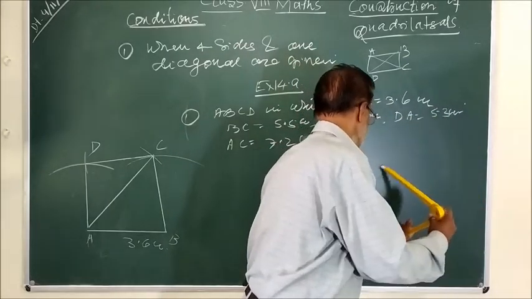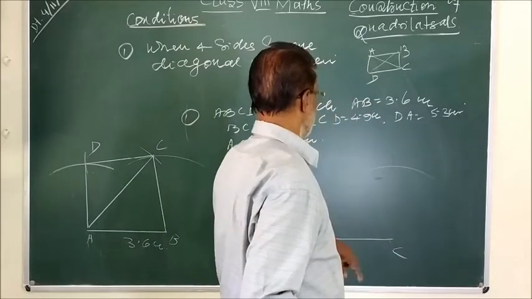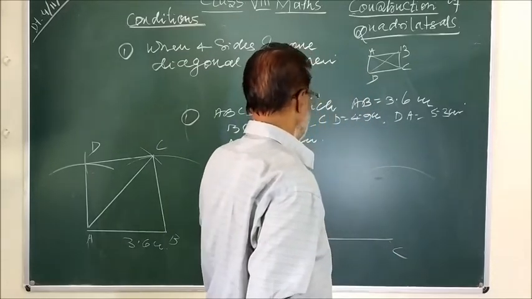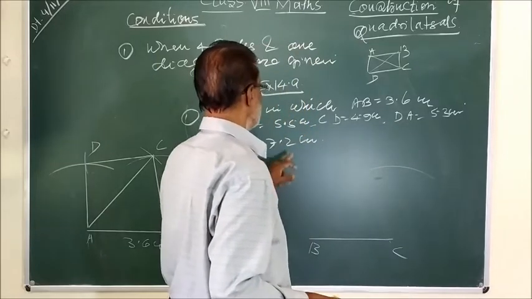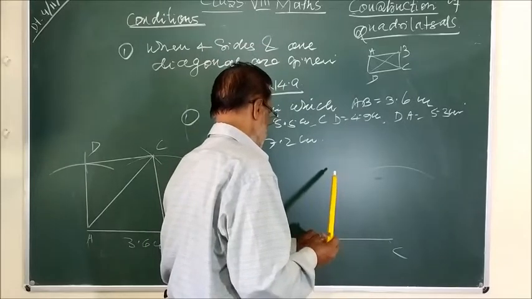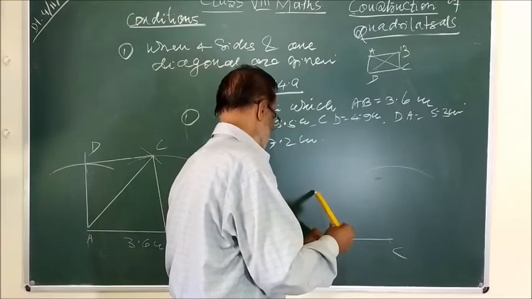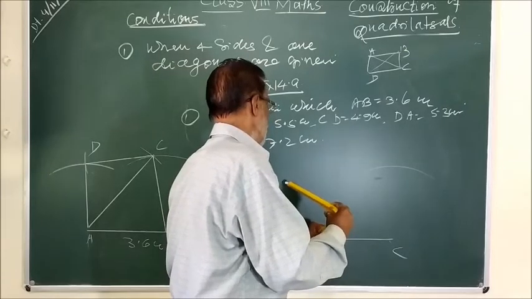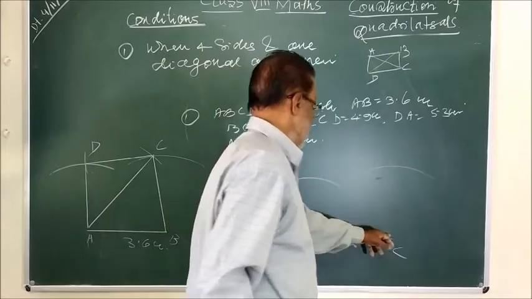This will be D, and this will be A. BA is given as 3.6, so we measure it again. Now the diagonal is given.